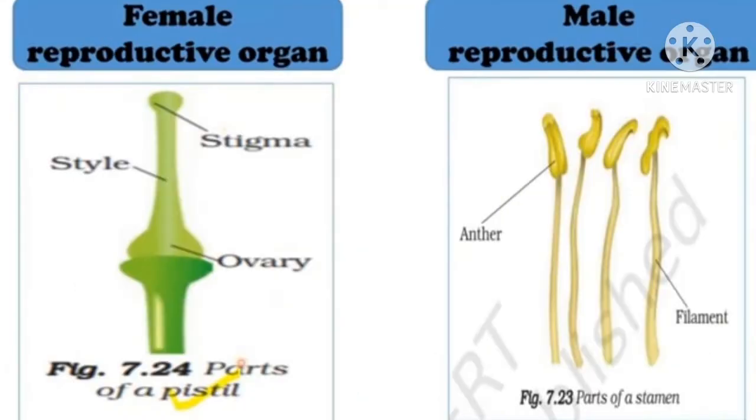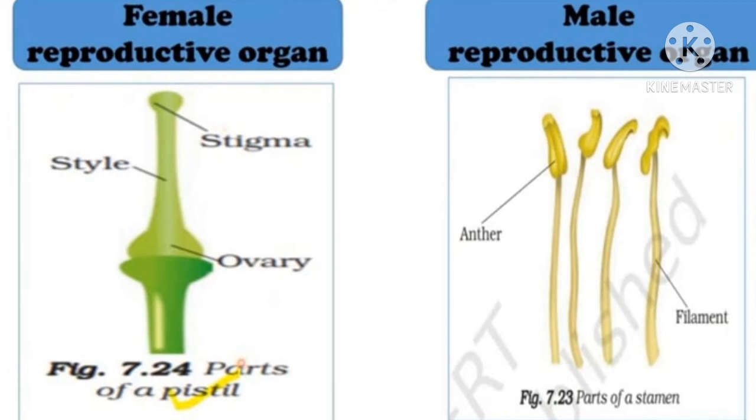Okay, now we know that pistil is the female part of a flower and it has three parts: stigma, style and ovary. Then stamen is the male part of a flower. It has two parts: anther and filament.